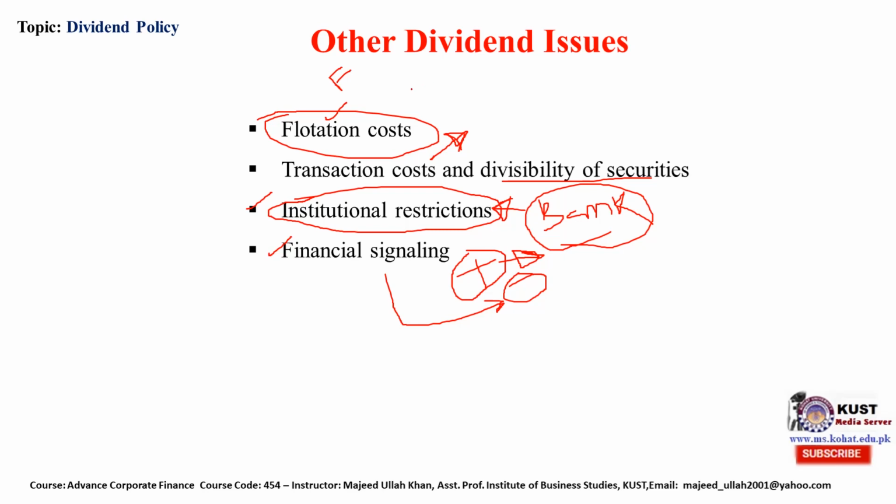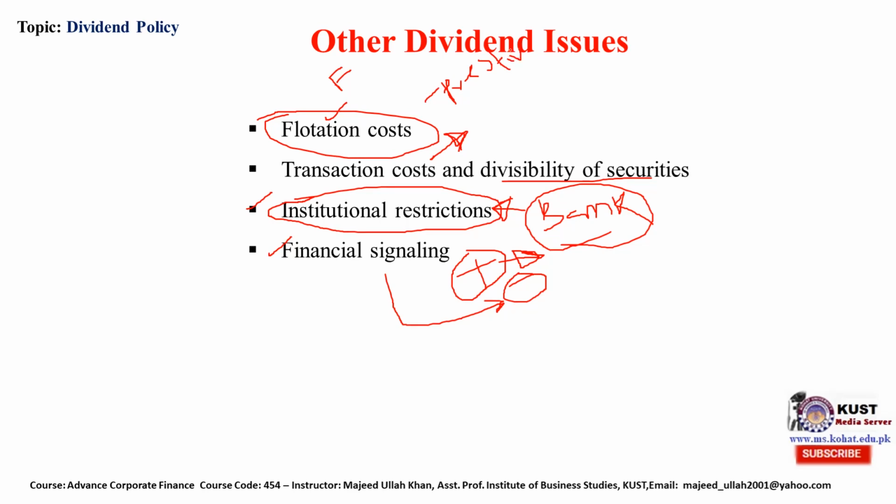Flotation cost means that when new shares are issued, the company would face many costs. That is prospectus cost, advertisement cost, underwriting commission, and other time of the executives paid to issue a new share.